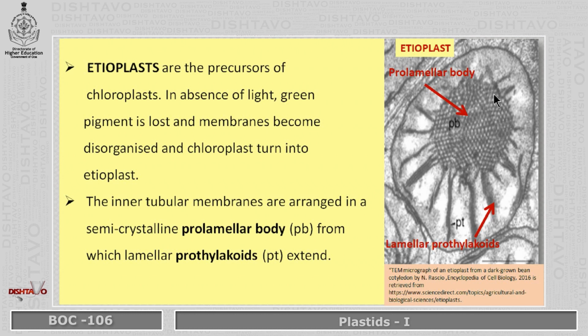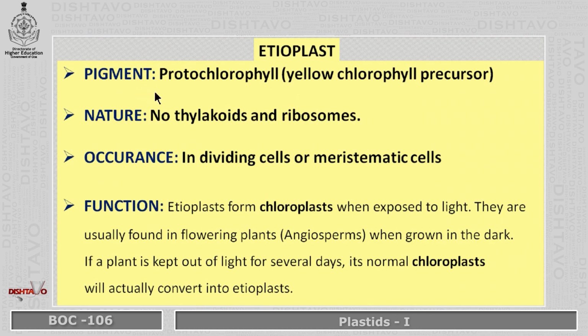Green pigment is lost and the membrane becomes disorganized. If chloroplasts are in darkness, they will turn into etioplasts. The inner membranes are arranged like a semi-crystalline body, with extensions which are prothylakoids.